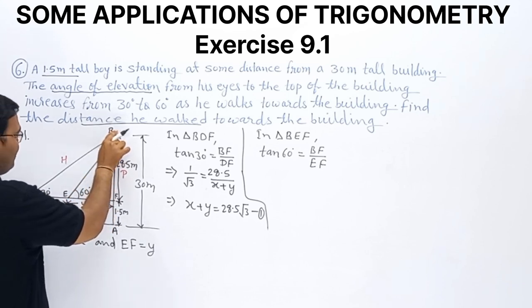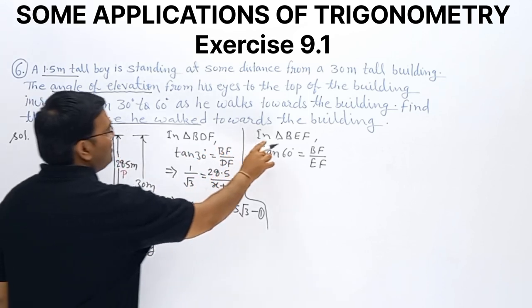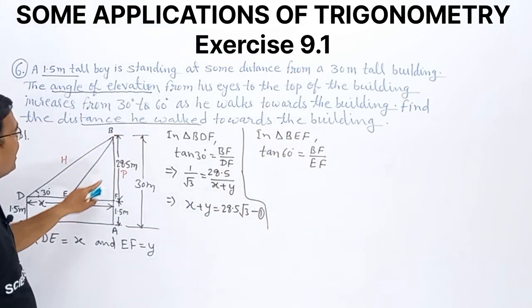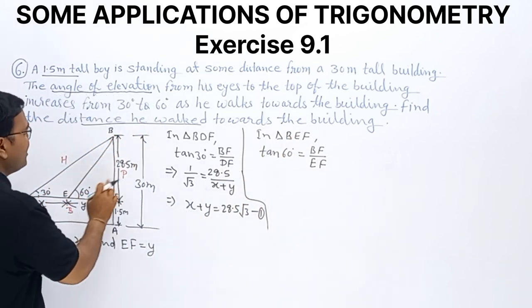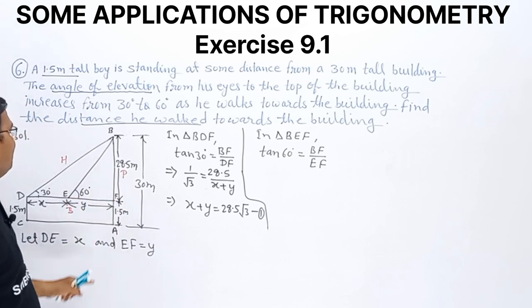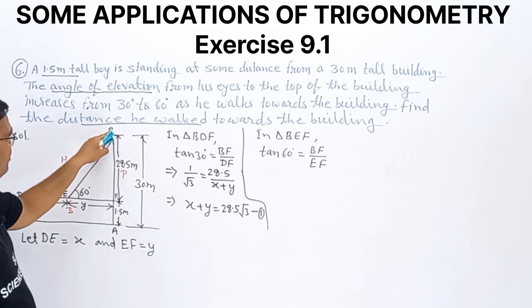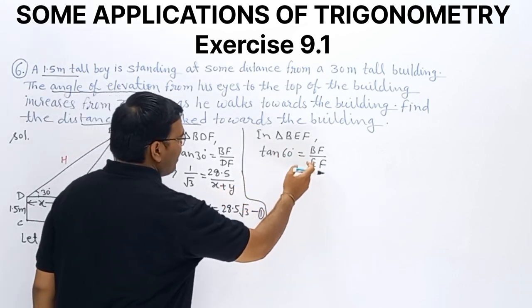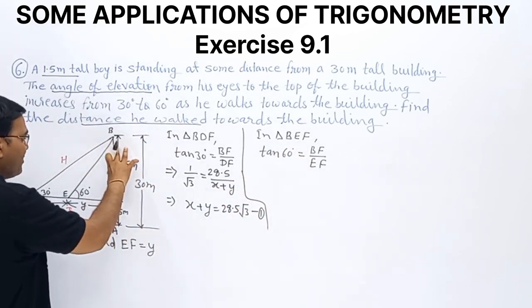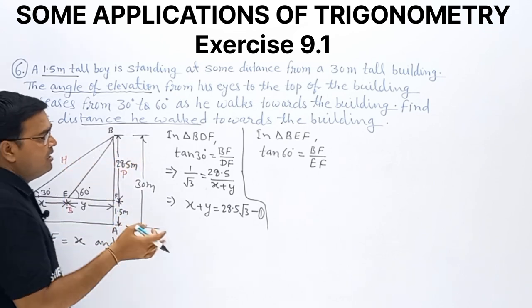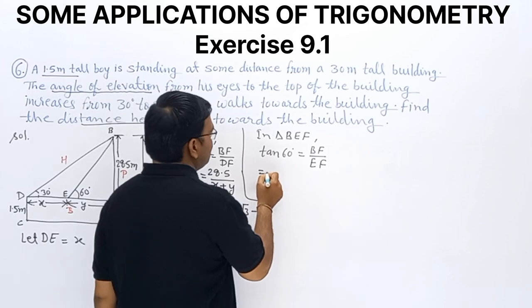So in the right triangle BEF, again we have theta, the perpendicular is the opposite side, and then the base. Clear? So what can we say? Tangent 60 will be BF upon EF. Why? Because its opposite side is the perpendicular, this one BF, and its base will be EF. Clear? Write the values.